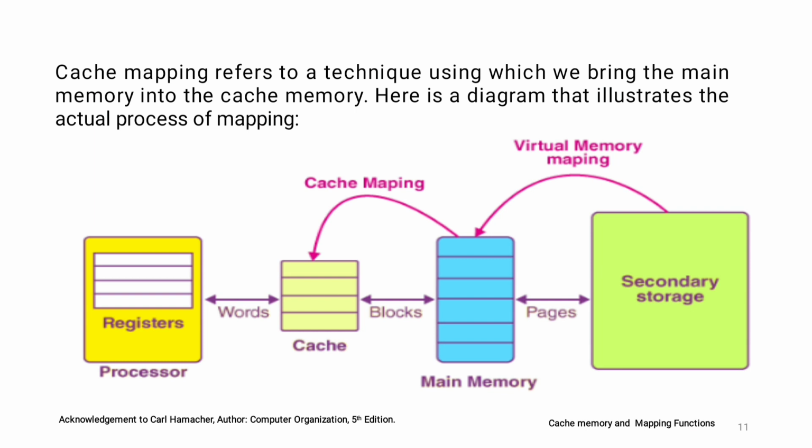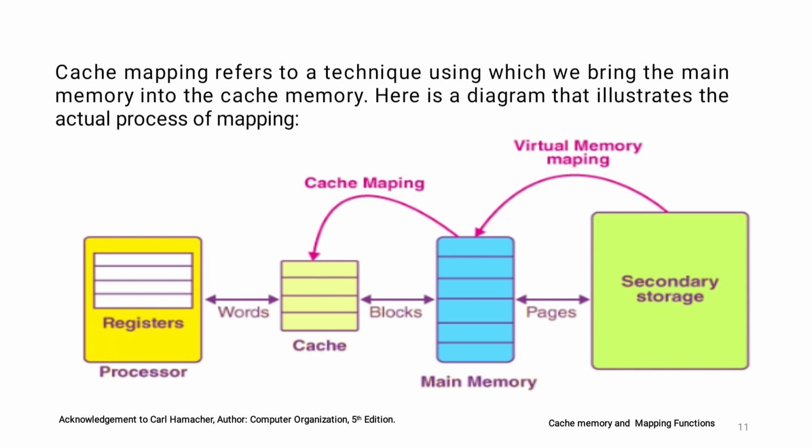One term we have to remember here: between main memory and cache, the data transfer is in the form of blocks. Blocks means groups of words. Whenever a processor requests a word by specifying its physical address in main memory, not just one word but a group of words called a block is copied from main memory into cache.